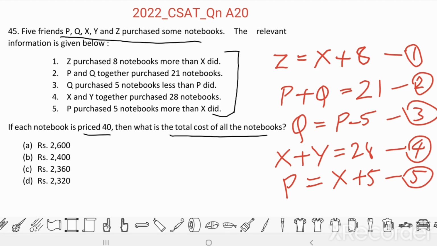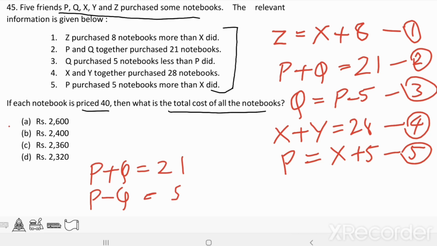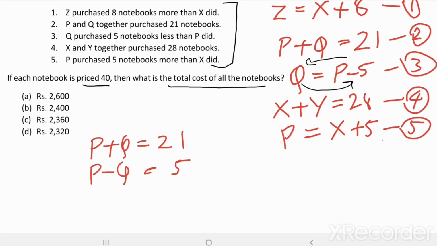Then from the second and third equation, you can write P plus Q equal to 21. From the third equation we can write P minus Q equal to 5. I took Q to the right side and 5 to the left side, then it becomes P minus Q equal to 5.